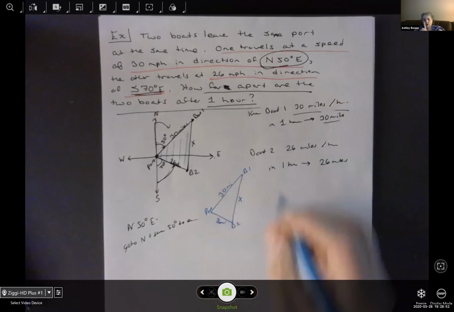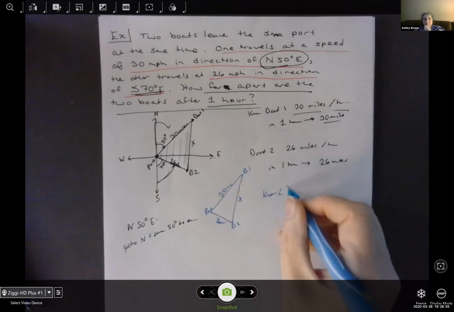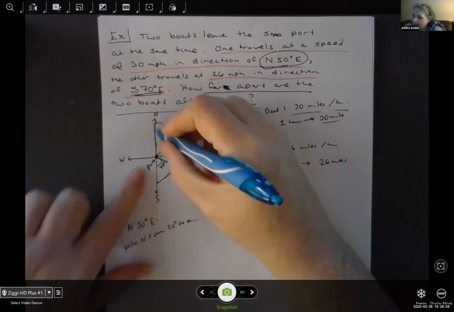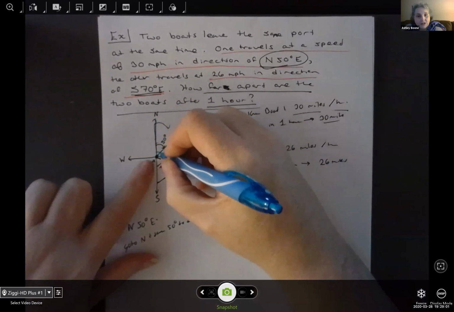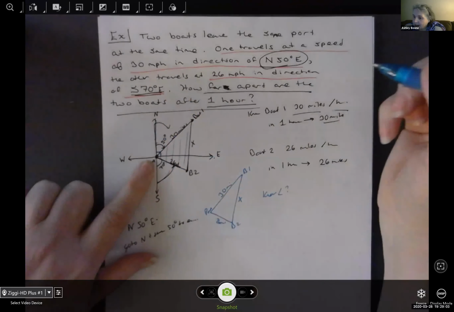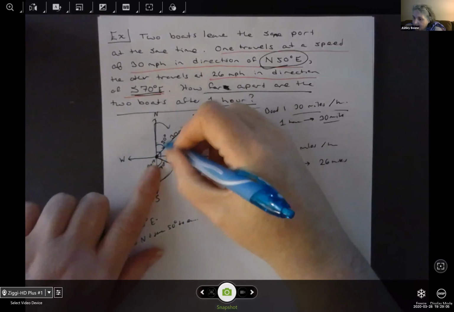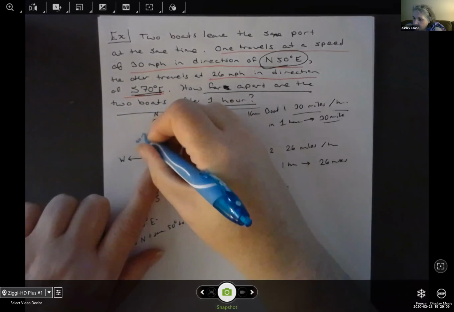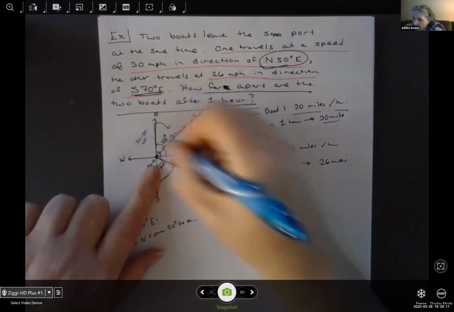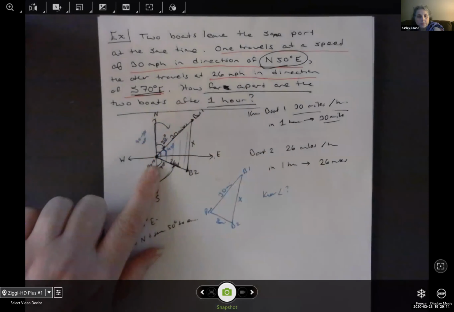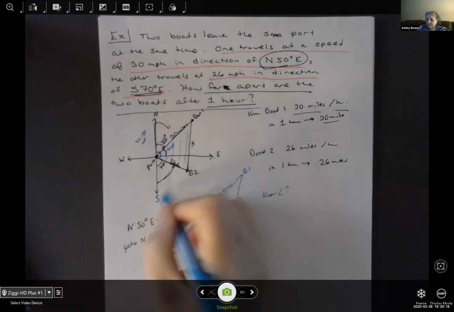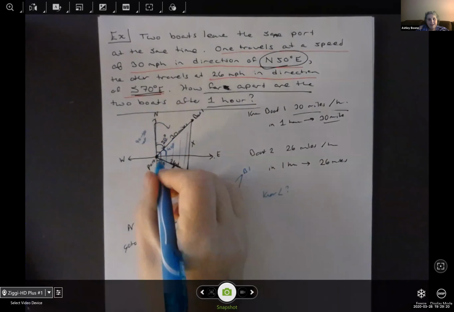Do we know an angle? We actually do, because notice north and east form a boxy 90-degree angle. So since this is 50 degrees, this part right here would be 90 minus 50, which is 40 degrees, okay? South and east form a boxy right angle.